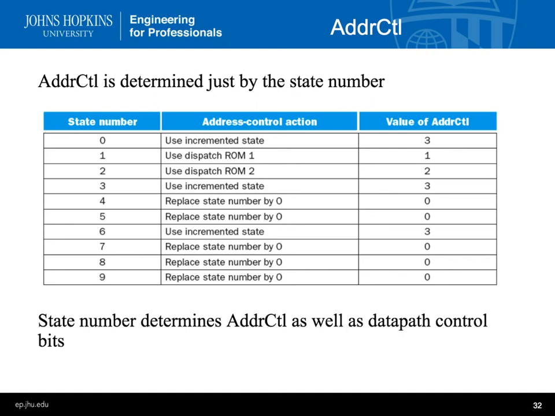And here's just the whole thing put together again. If I'm in state 0, I always use the incremented state, so the value would be 1. If I'm in state 1, I have to choose based on what kind of instruction I am, so use ROM1. If I'm in state 4, I always go to 0 next, so the control is 0.